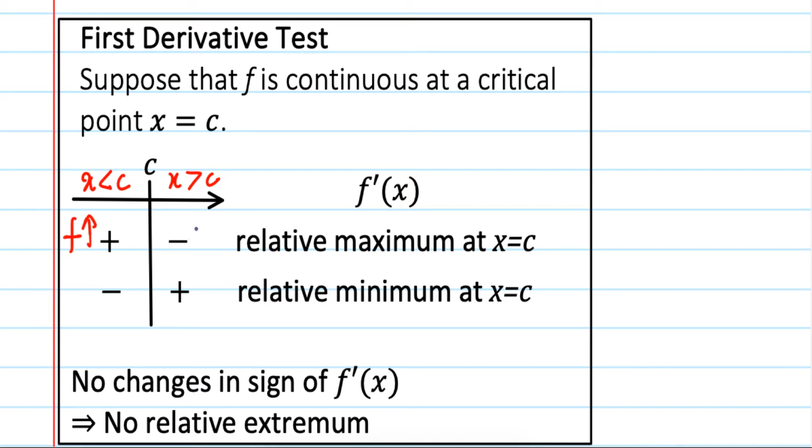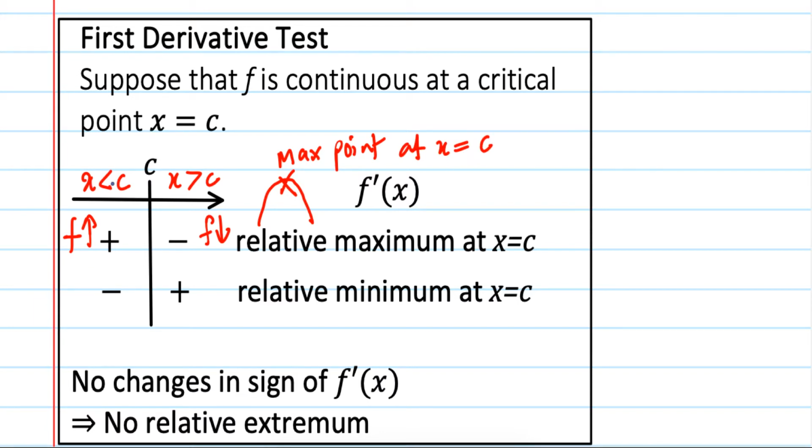For negative f prime value, it means that f is decreasing. So you will have increase then decrease. It means that you have a max point at x equal to c.